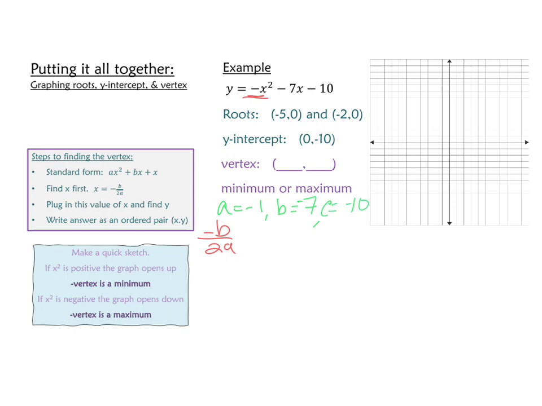So -b/2a would be -7/2 times -1, which is 7 over -2, which equals -3.5. That is our x coordinate, -3.5. Put it right up here.